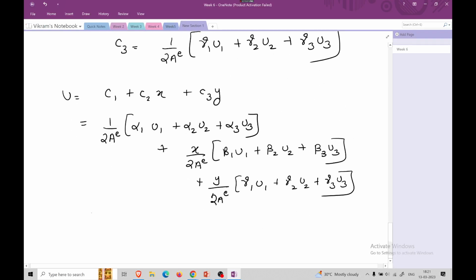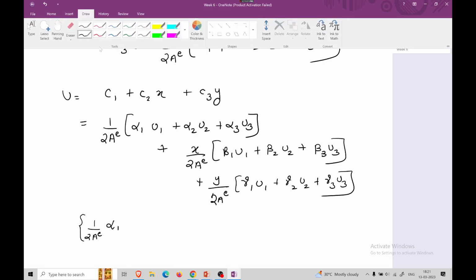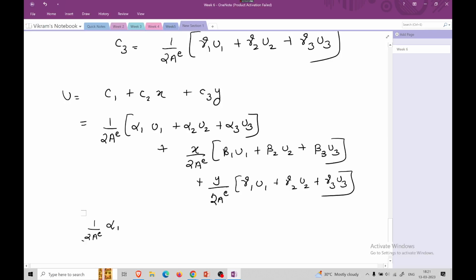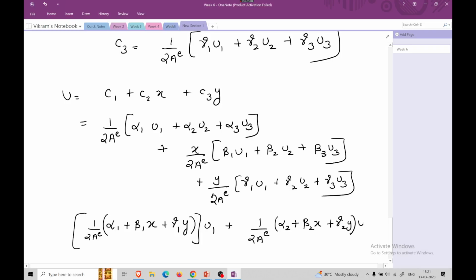You can represent this in this fashion: 1 by 2 AE into alpha 1 plus beta 1x plus gamma 1y into U1, plus 1 by 2 AE into alpha 2 plus beta 2x plus gamma 2y into U2.